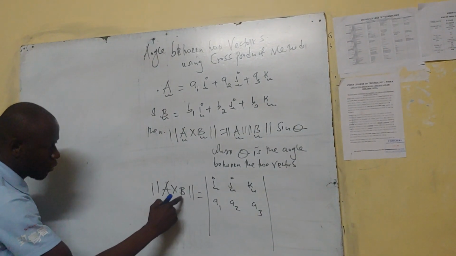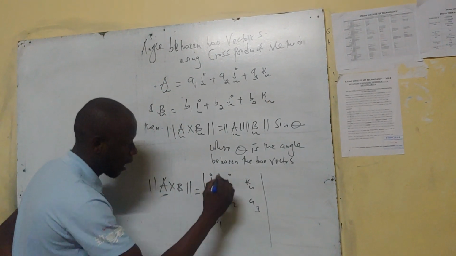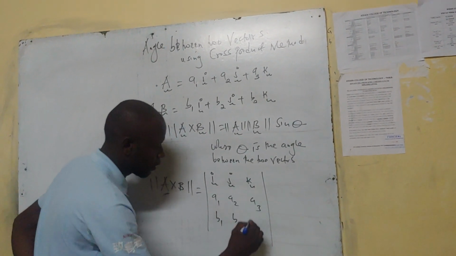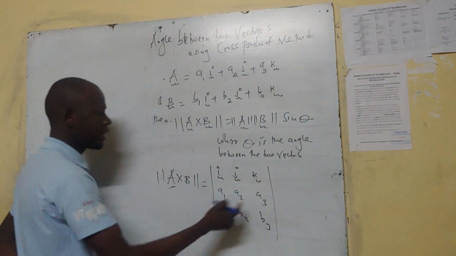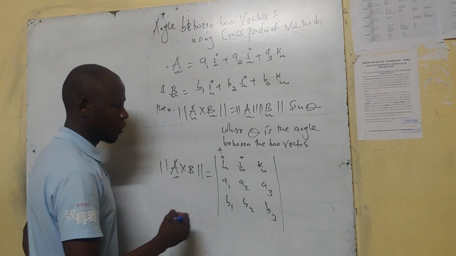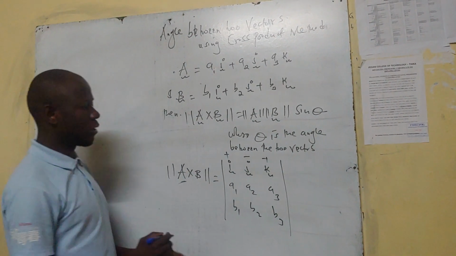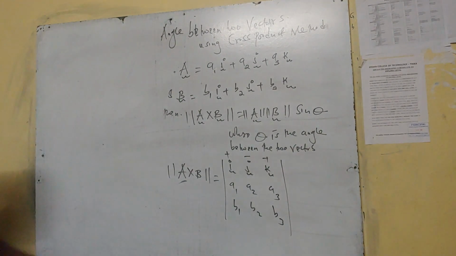And then the third row is filled by the elements of B: along I is B1, along J is B2, and along K is B3. The determinant of this 3 by 3 matrix is given using the top row, with signs positive, negative, and then positive. That will give us the cross product between two vectors.